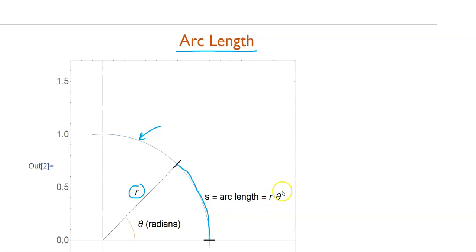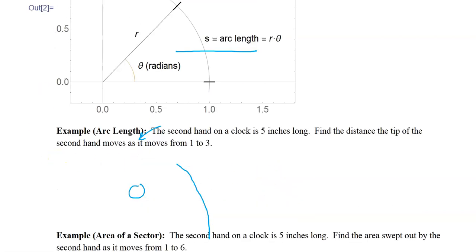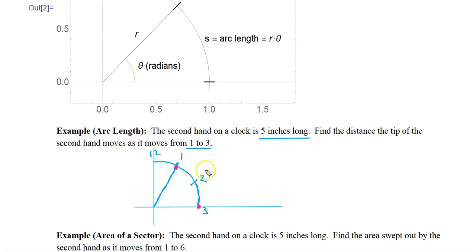So for example, suppose the second hand on a clock is 5 inches long. Let's find the distance the tip of the second hand moves as it goes from 1 to 3. So I paused the video for a second and drew a diagram down here to help us.